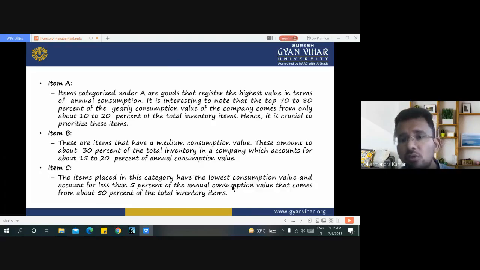It is interesting to know that the top 70 to 80% of the yearly consumption value of the total inventory cost comes from only about 10 to 20% of the total inventory items. Here you can see that the items are only 10 to 20% of total inventory items in number, but they consume 70 to 80% of total inventory cost.